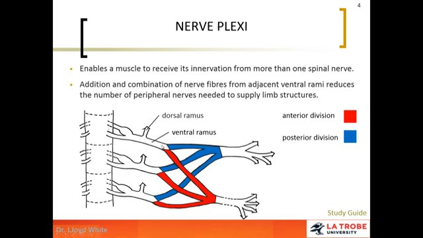So we have peripheral nerves originating from anterior divisions, and we have other peripheral nerves originating from posterior divisions from different spinal levels. And these nerves will end up supplying different structures and different compartments of the limbs.